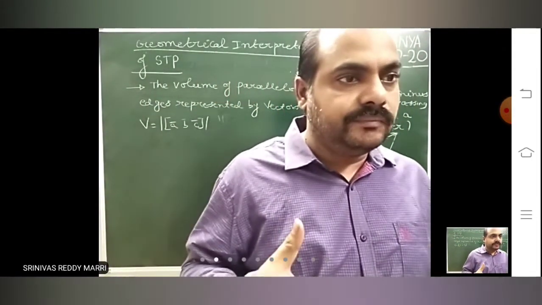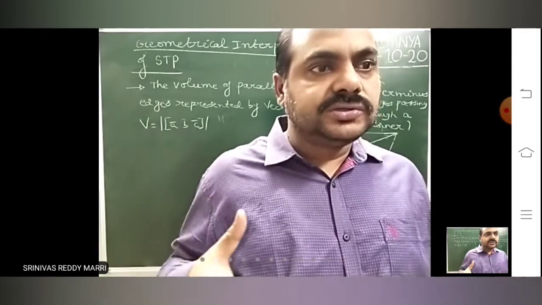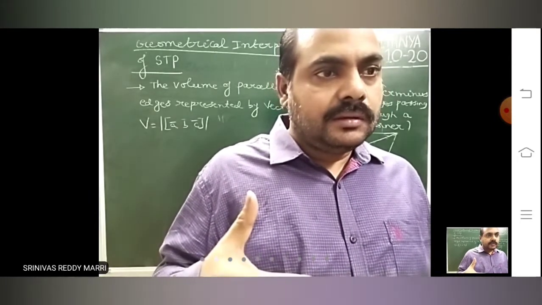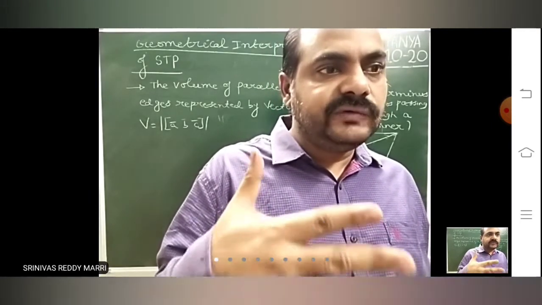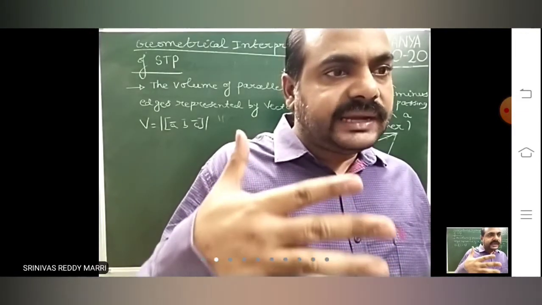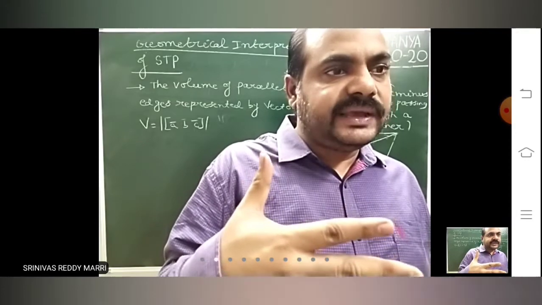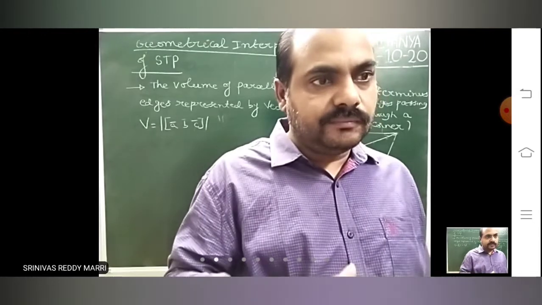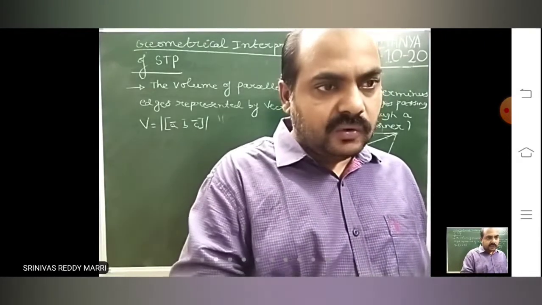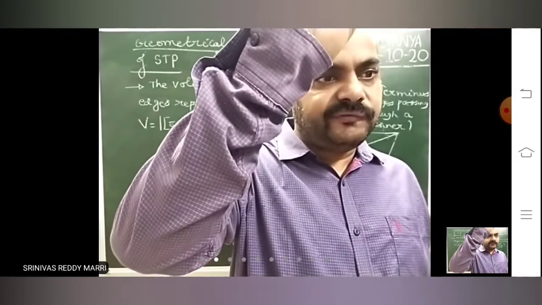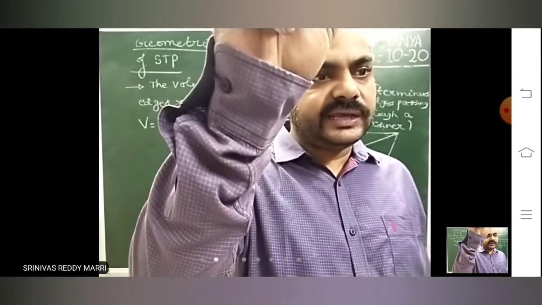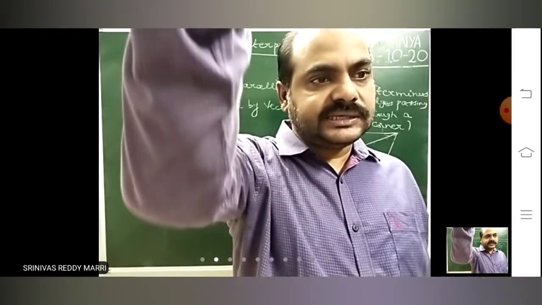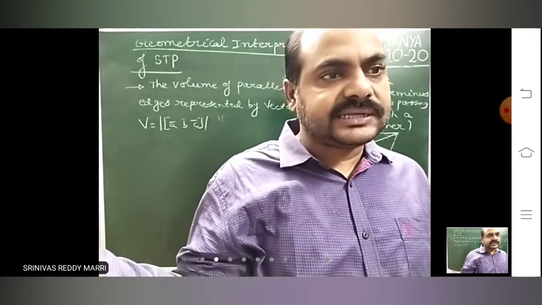In a closed room you are staying, so there will be 6 faces for your room: the ground face, the upper face, the back face, the front face, the left face and the right face. So there are 6 faces.